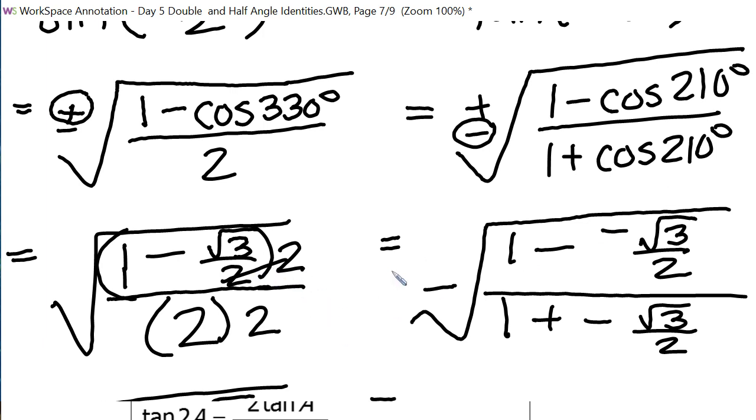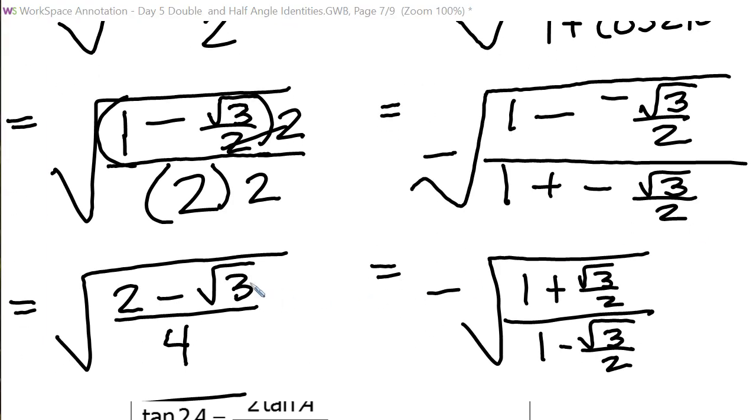I'm going to clean this up a little bit. So this would be 1 plus square root of 3 over 2, and this will be 1 minus square root of 3 over 2. Now, the next thing I need to do is clear out the fraction. To clear out the fractions, what would I have to multiply by? 2.